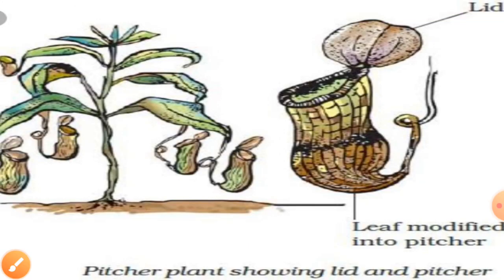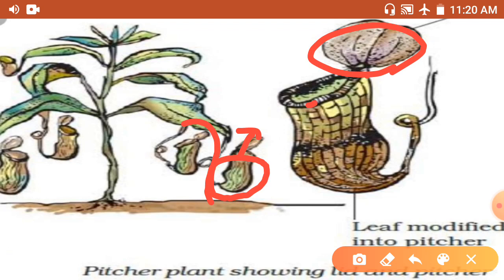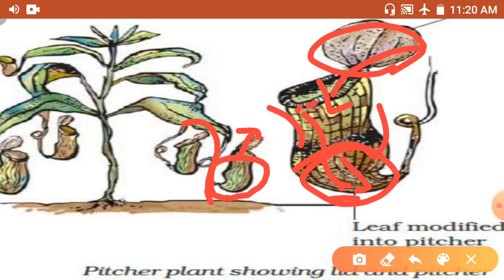You can see here the leaf modified into a pitcher, and the top of the leaf changed into a lid. When insects sit and stick here, slowly the lid covers the insect, and the insect goes inside the pitcher and is digested.